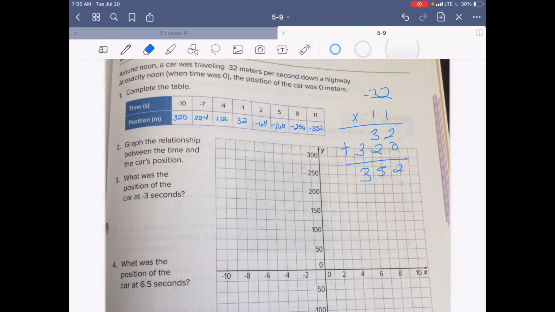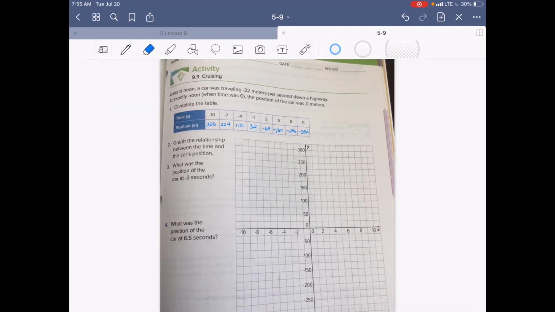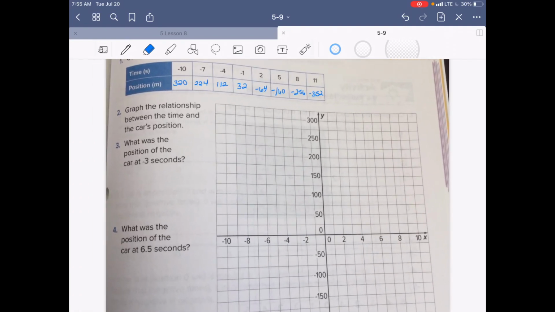Now what we're going to do is we're going to graph this. So it says to graph the relationship between time and the car's position. So we're going to put time on the bottom, on the x-axis, and the position on the y-axis. All right, so let's look.